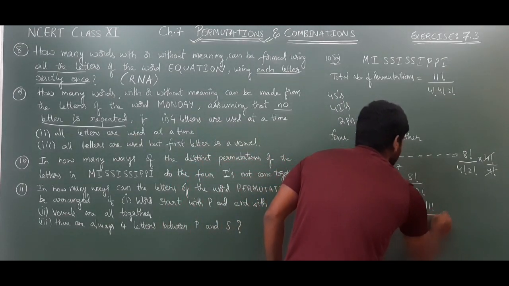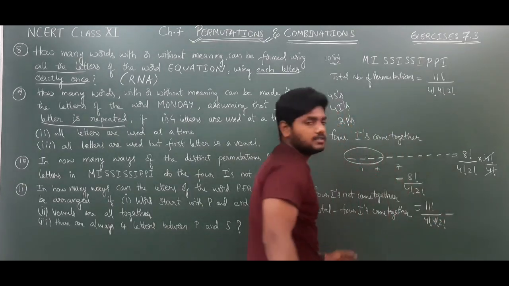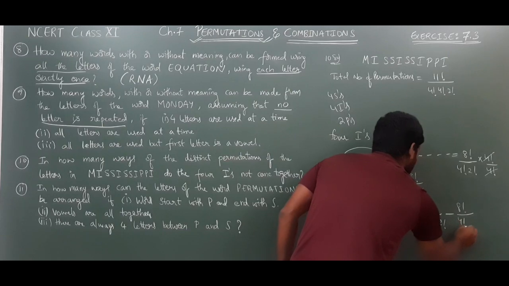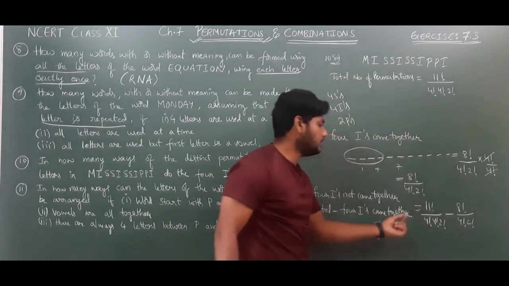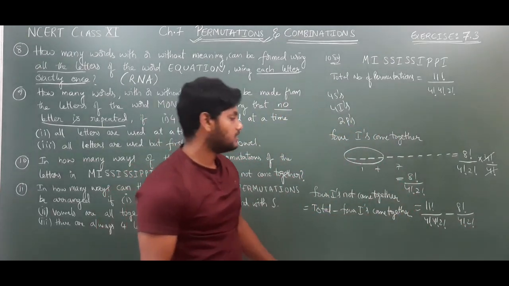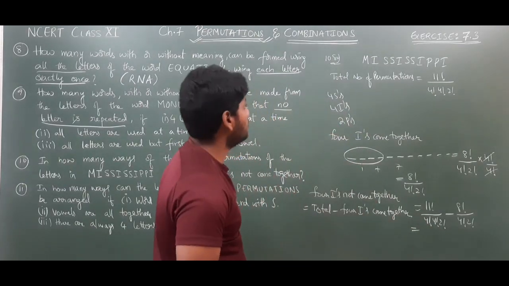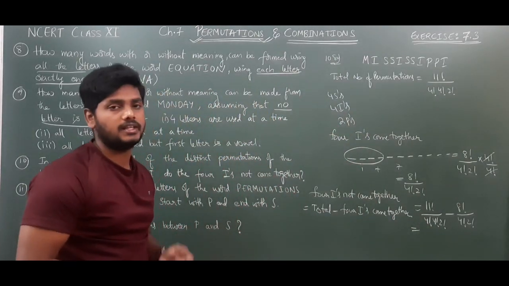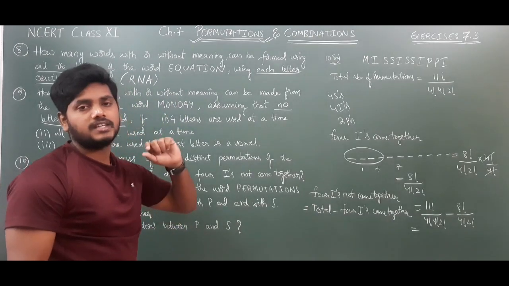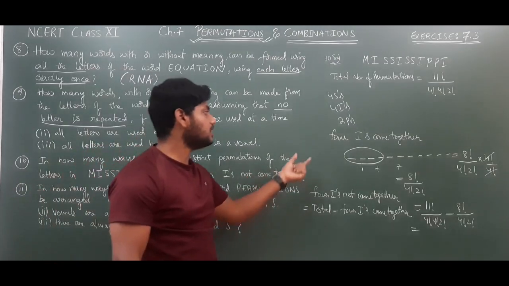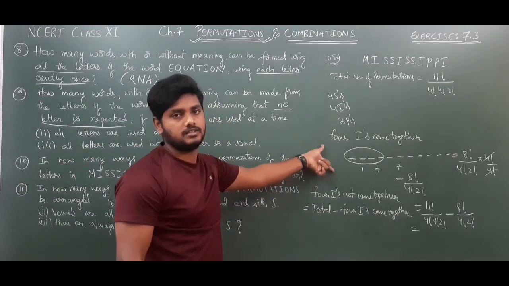Total is 11 factorial by 4 factorial, 4 factorial into 2 factorial, minus 4 I's come together, that is 8 factorial by 4 factorial into 2 factorial. You need to simplify this and write the value, right? So like that we need to do whenever they say come together and not come together. If they ask not come together, total minus come together. If they ask come together, directly you find this, right?